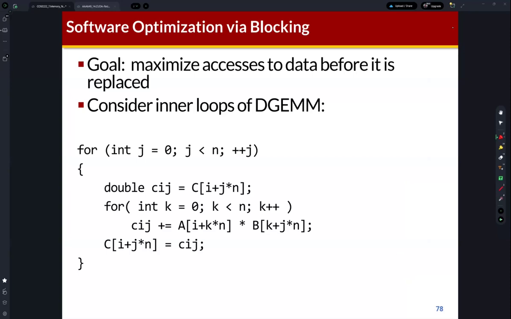A very simple application like C equals A multiplied by B. When we implement this matrix multiplication, if we consider the impact of the cache hierarchy, then we may optimize the program.